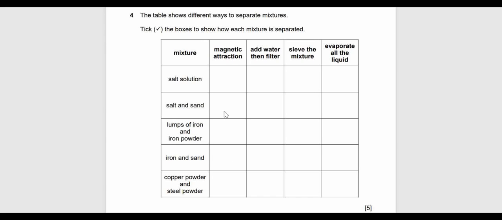Next is iron and sand. How do we separate them? Choose one of these. Next is copper powder and steel powder. So how do we separate them? Choose one of these. You may take time to think, and you are given 10 seconds. If you're not finished, please pause this video.